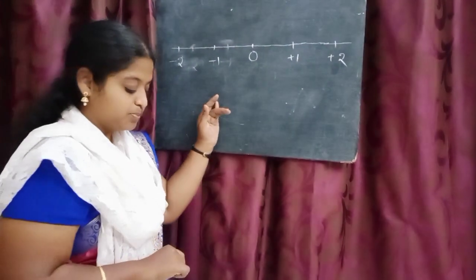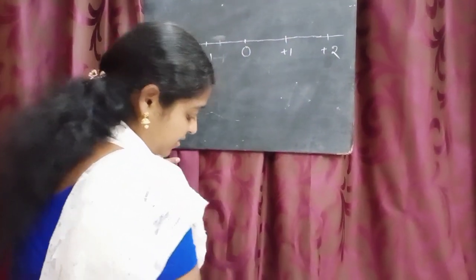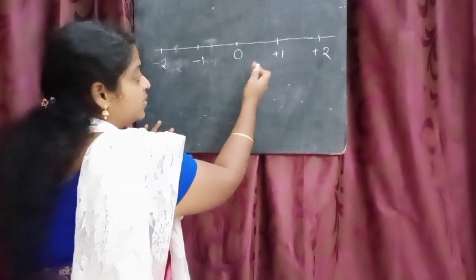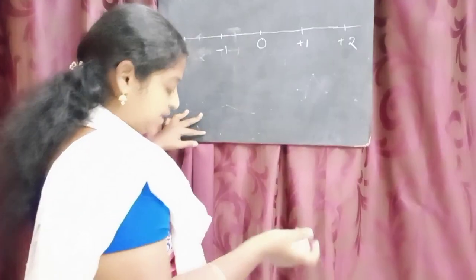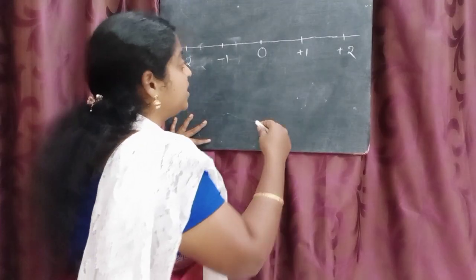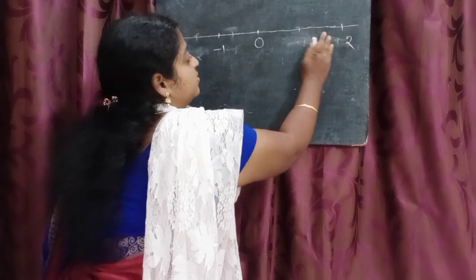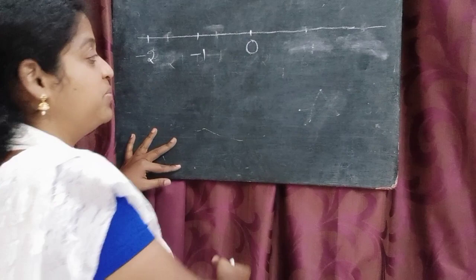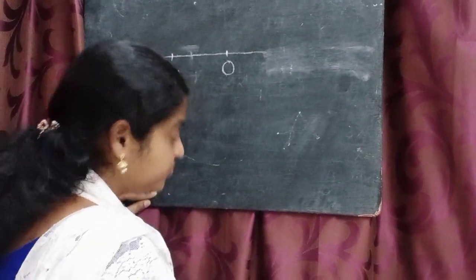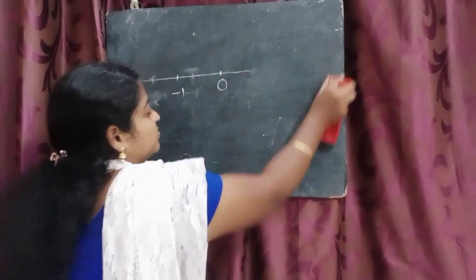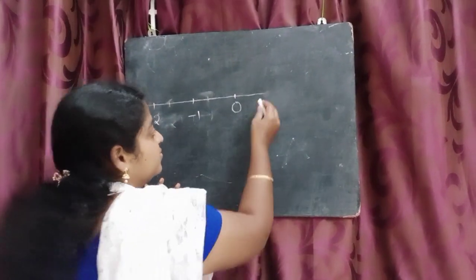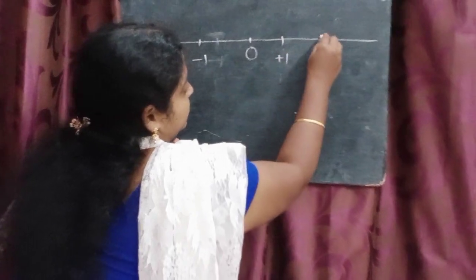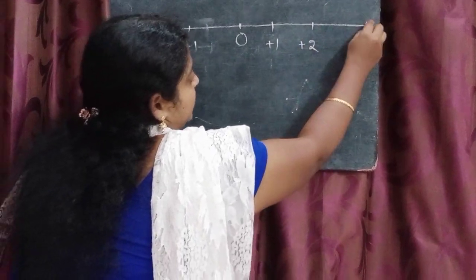Okay, clear children? Now, on this number line they have given AP, QB on the positive number side, 2 to 3. Our board is a small one, so we have to adjust and write the number line here. +1, +2 and here it will be +3.